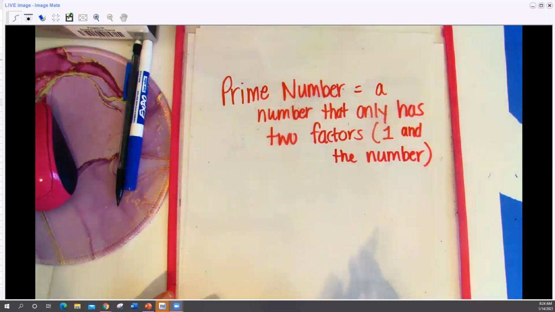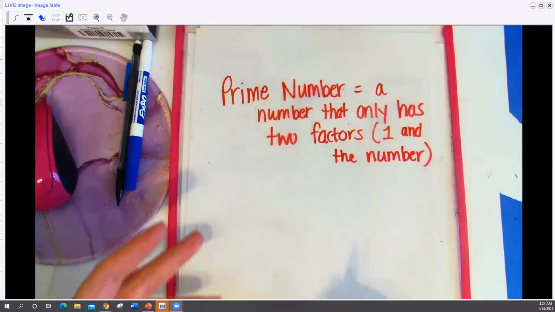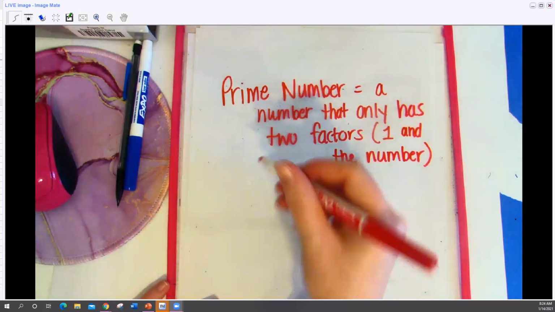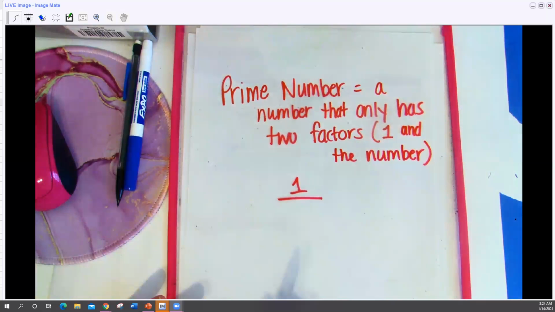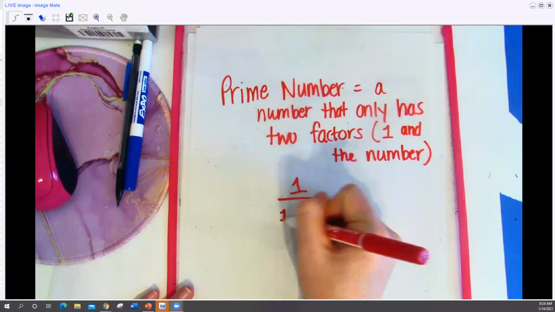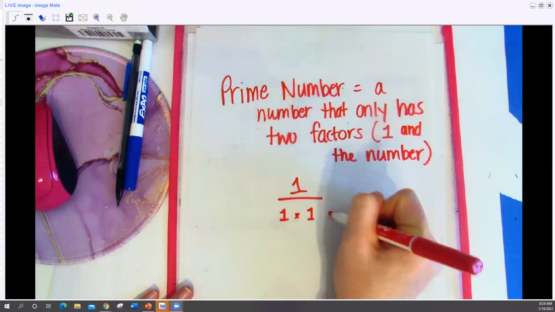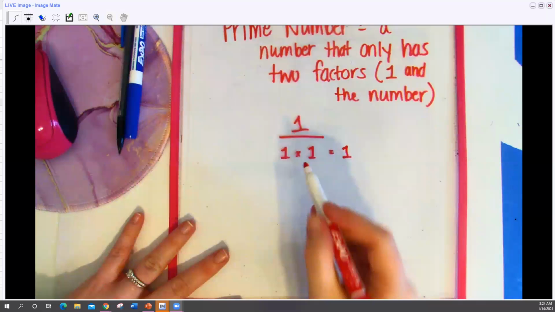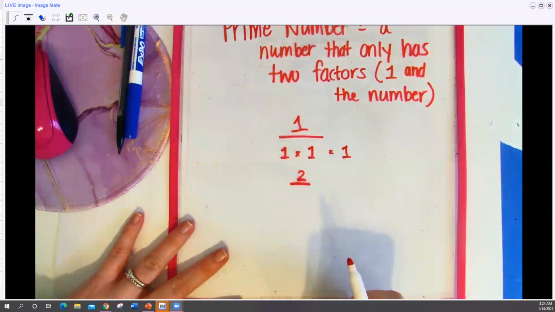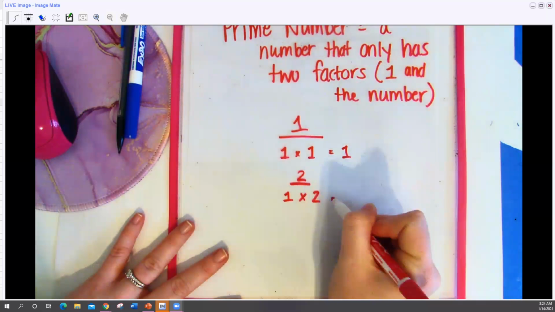So a prime number is a number that has only two factors, 1 and that number. So like the number 1, the only numbers that you can multiply together to get 1 is 1 times 1. If we're thinking about the number 2, the only numbers that we can multiply together to get an answer of 2 is 1 times 2.